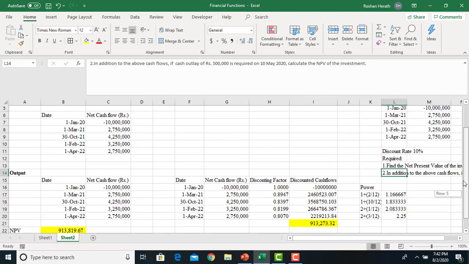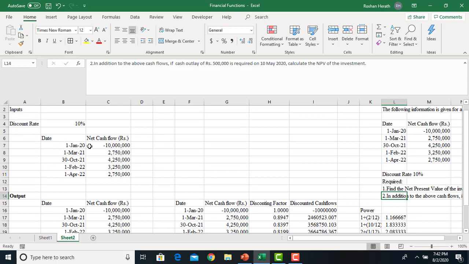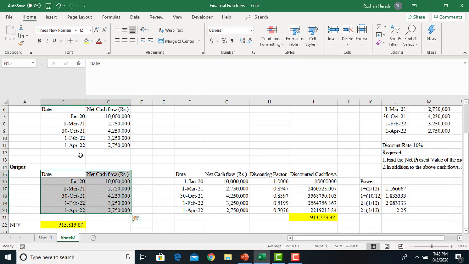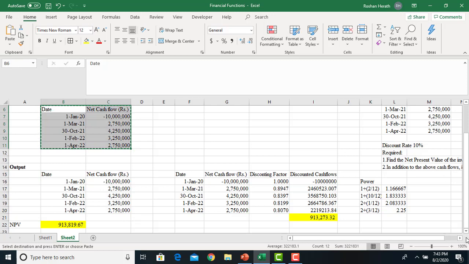Now you are given the original scenario. Now it asks us if there's another cash outflow that occurs on 10th of May 2020, how this particular NPV would change. So again, you can simply accommodate that by taking this scenario.